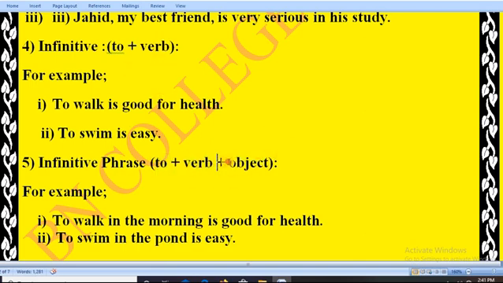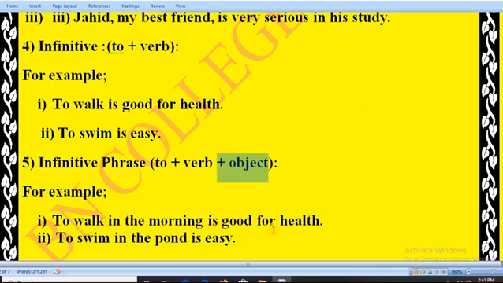If you add some new words, that will be an infinitive phrase. In one sentence, if you can add a word or two with the infinitive, that will be your infinitive phrase. Look at the example. To work in the morning is good for health.